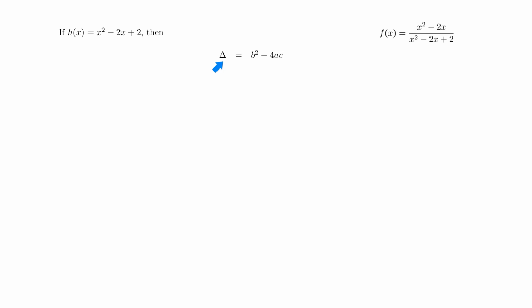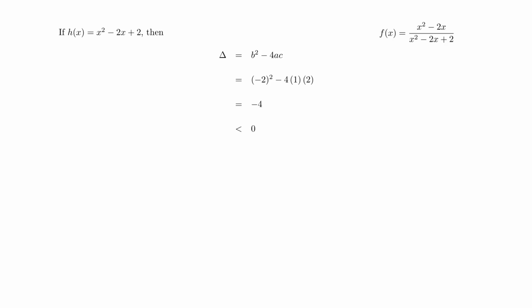Recall that the discriminant, denoted by this triangular symbol here, is equal to b squared minus 4ac. Now, if our quadratic is x squared minus 2x plus 2, then a is the coefficient of x squared, b is the coefficient of x, and c is the constant. Hence, b squared minus 4ac is equal to negative 2 all squared minus 4 times 2, which evaluates to negative 4.